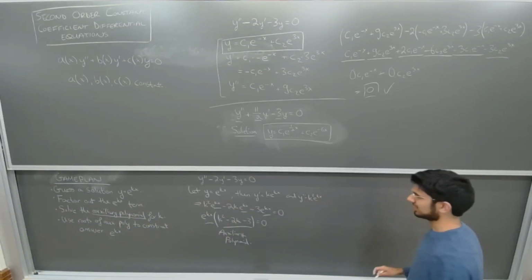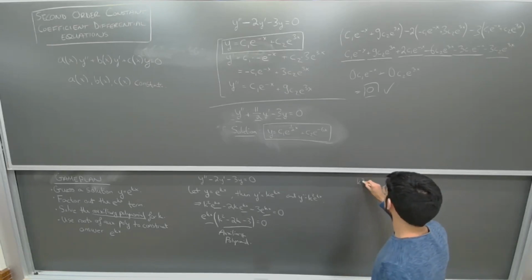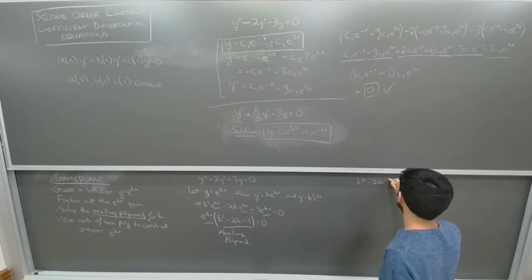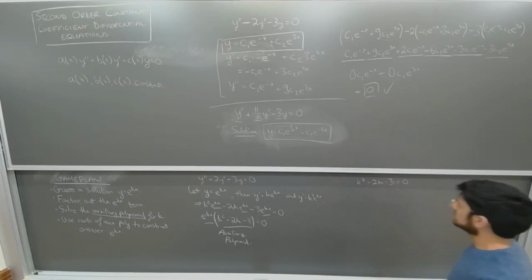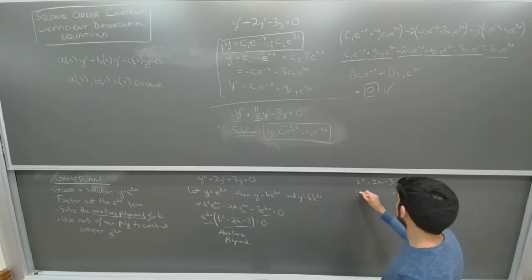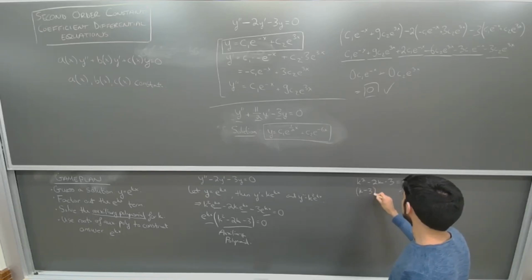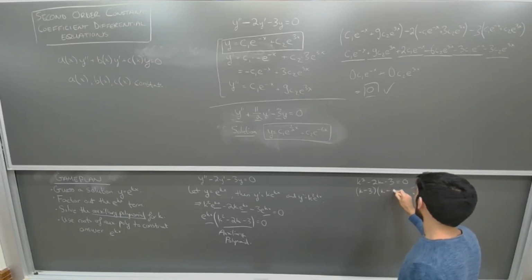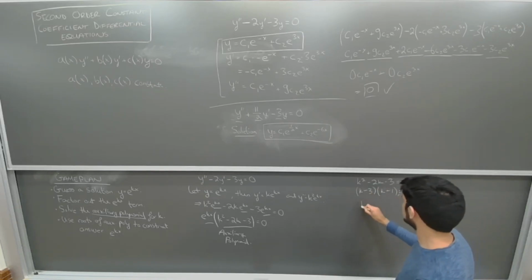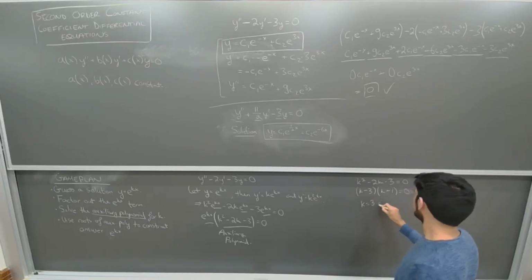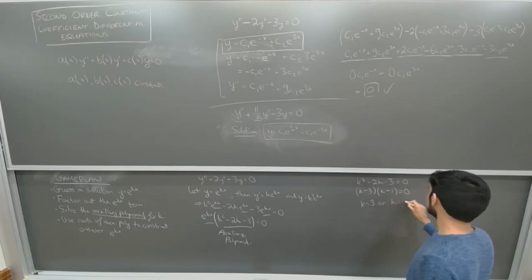Anyways, let's solve this auxiliary polynomial. k squared minus 2k minus 3 equals 0. We can factor this into k minus 3 times k plus 1, which means k equals 3 or k equals negative 1.